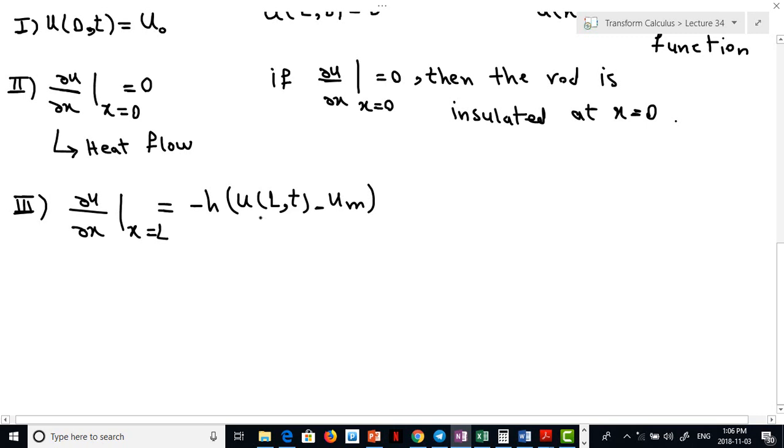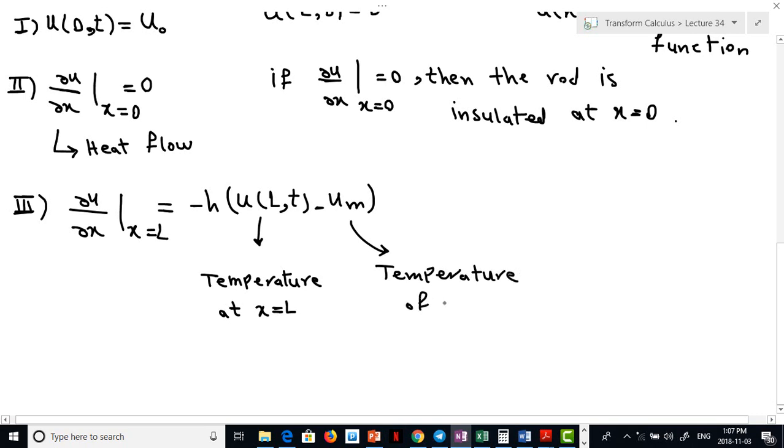In this case, u of L and t is the temperature at x equal to L, u_m is the temperature of the medium, and h is a constant.